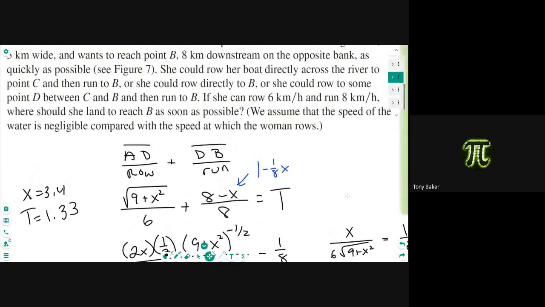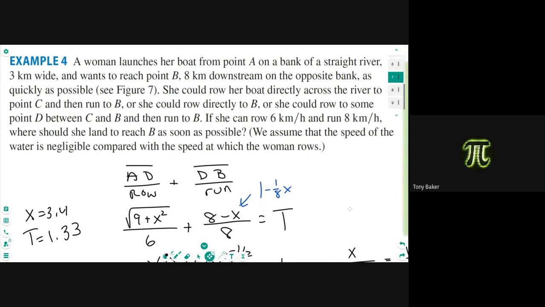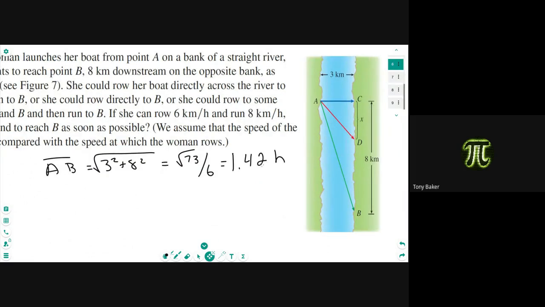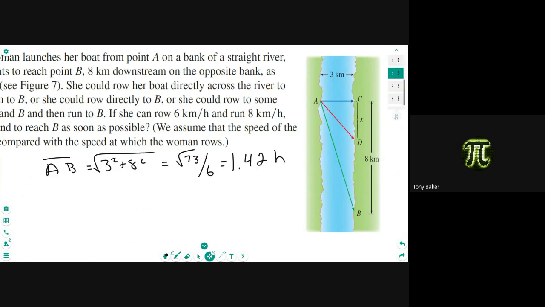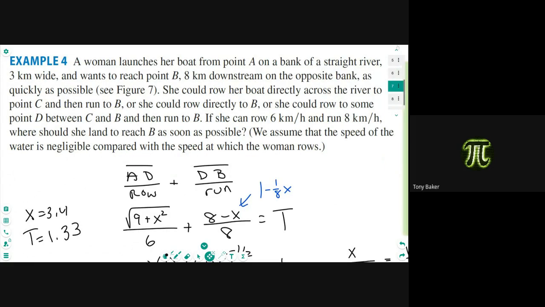So she should land at point B, which is 3.4 kilometers off of point two, and run the rest of the way. Because the other one was 1.42, that's if she rowed the entire way, and 1.5 if she rowed across and ran. So it wasn't drastically quicker, but it was a little quicker.